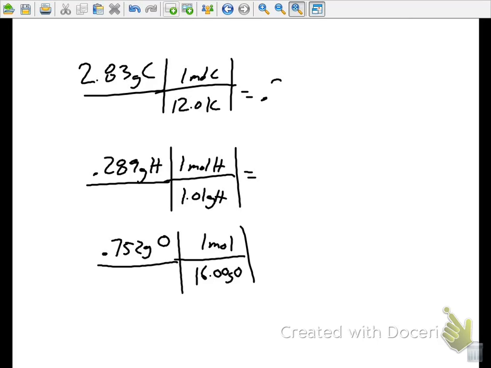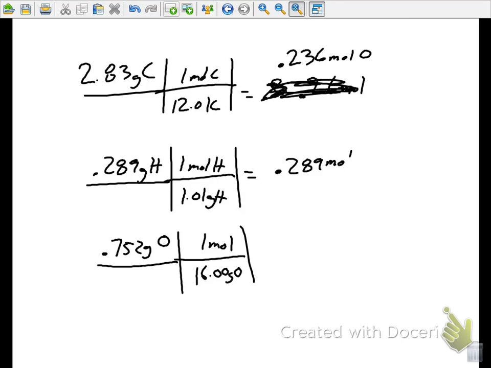I get 0.236 moles of carbon. Okay, next one. I got 0.289 moles of hydrogen. And then the last one would be my lowest amount, and I have 0.047 moles of oxygen. Well, that goes into itself once.